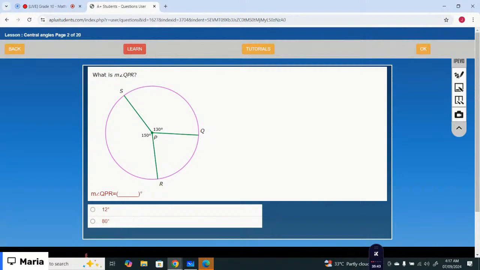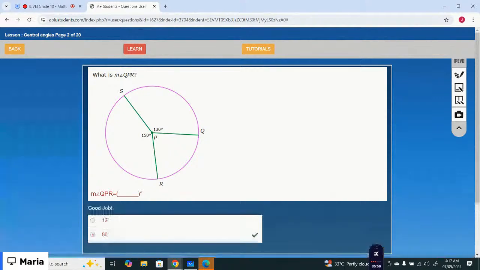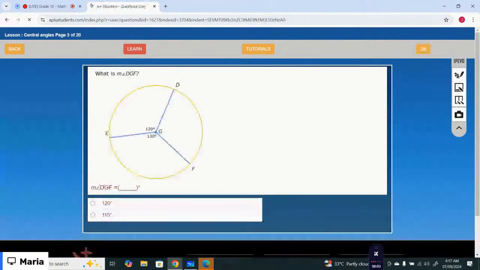That is 80 degrees. The correct option is option number 2. Basically, the sum of all the angles in the circle is 360, right? So you need to subtract 130 and 150 out of 360 and you are left with 80 degrees. So the angle P has measurement 80 degrees, right? Not 180, only 80 degrees.